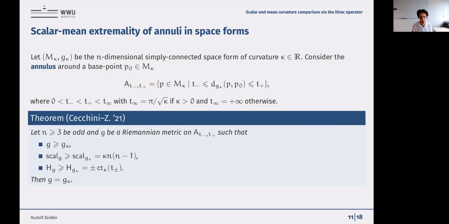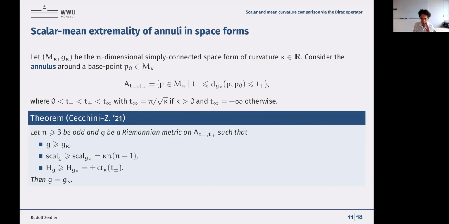You assume here, in addition, that in case you deal with the sphere, so in the positive curvature case, you don't go all the way to the opposite point of the base point.